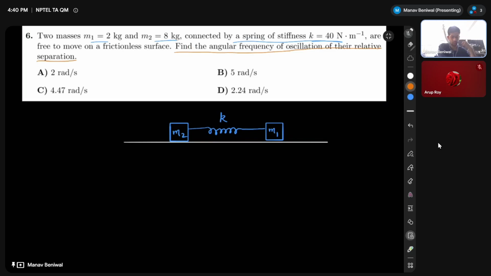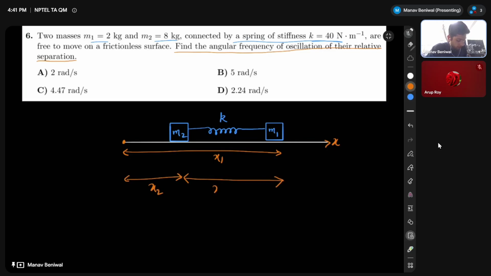Let's say this is our origin O, and this is our x-axis. This distance is x1, and this distance is x2. So the separation between them is x1 minus x2.